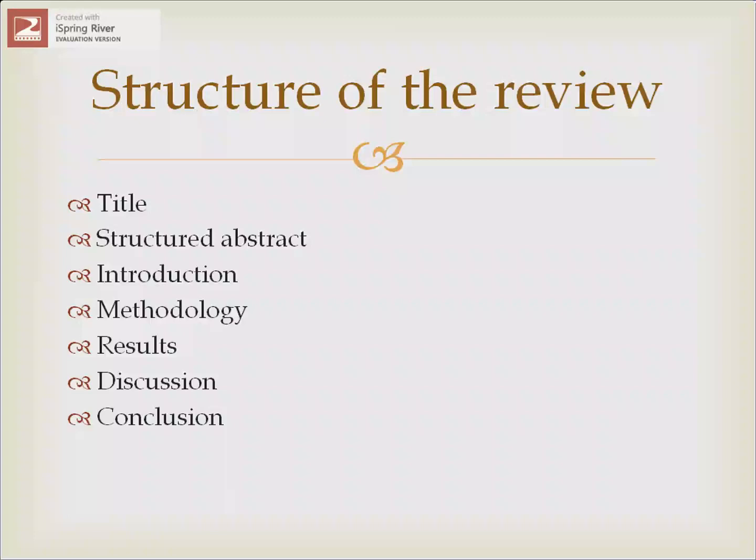When you are structuring your literature review and you want to get it published as a piece of work, as a systematic review, then it should include title, structured abstract, introduction, methodology of your literature search, results, discussion, and conclusion.